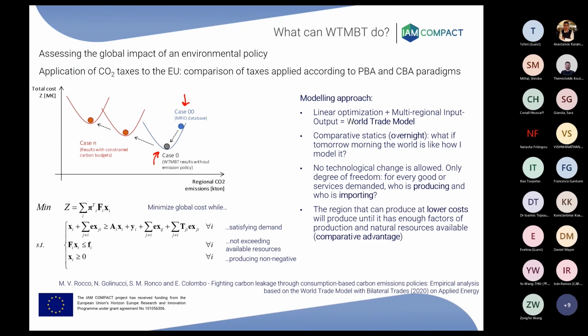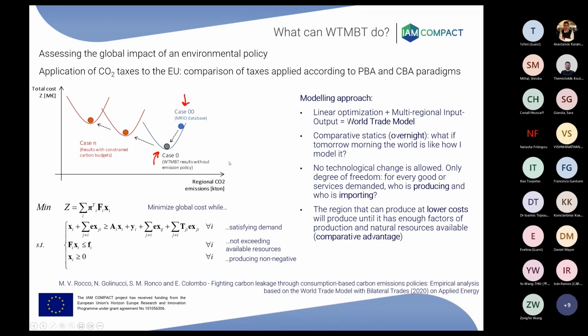And then by further constraining the model, for example, adding some constraints on CO2 emissions by simulating some sort of policies like carbon taxes, the model returns a new arrangement of international trades in a comparative statics way, leading of course to a new set of emissions by all the sectors and all the regions.